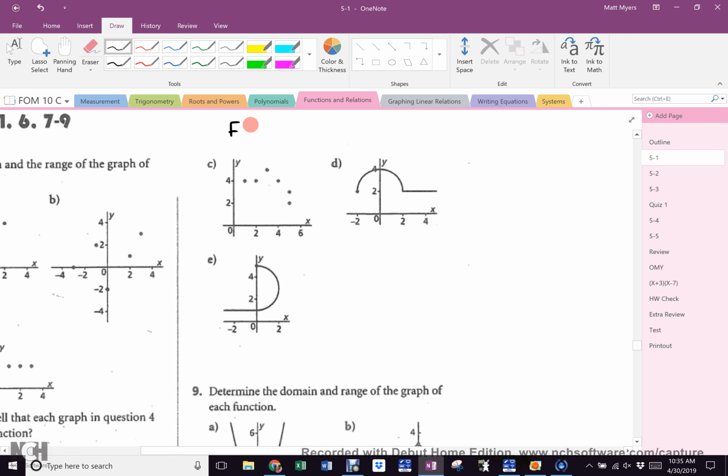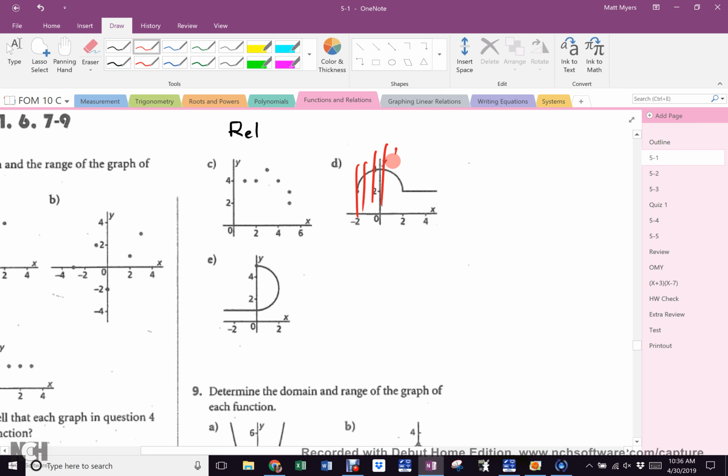No. It's a relation because of right there, yes? Okay, good. Now, what's the domain? 1, 2, 3, 4, 5. What's the range? 2, 3, 4, 5. Everybody cool?